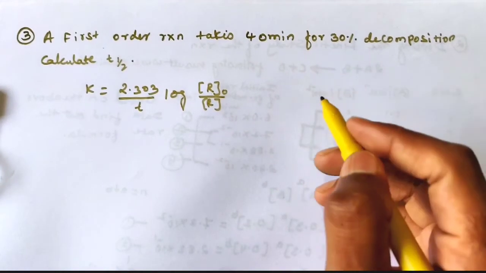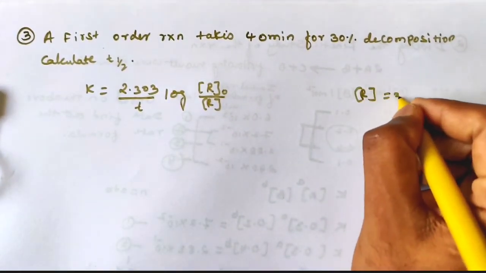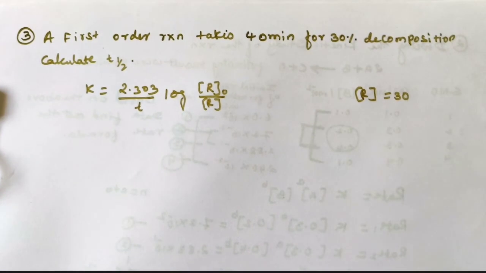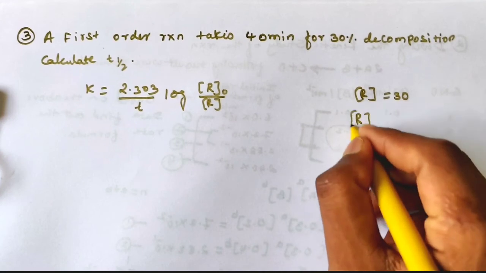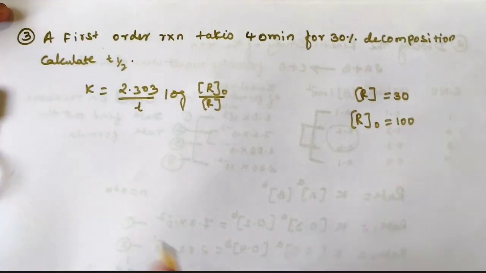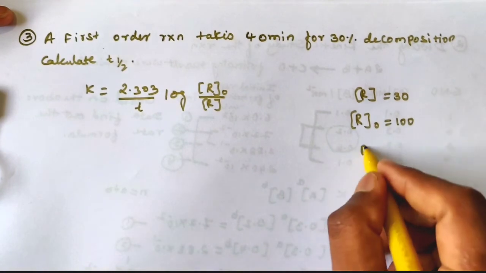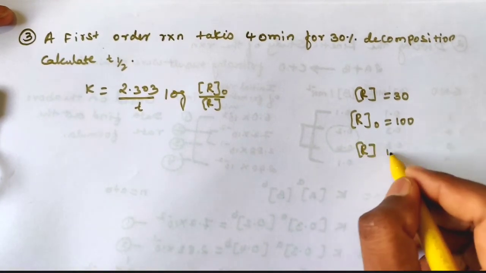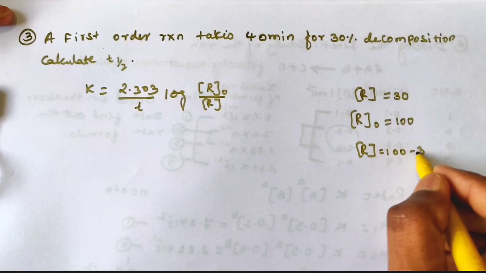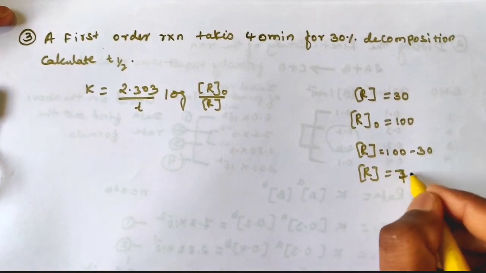Since it is 30%, when we are talking about percentages, the initial concentration will be 100. Here 30% is reducing from 100. So the final concentration is 100 minus 30, how much will it be? It will be 70.